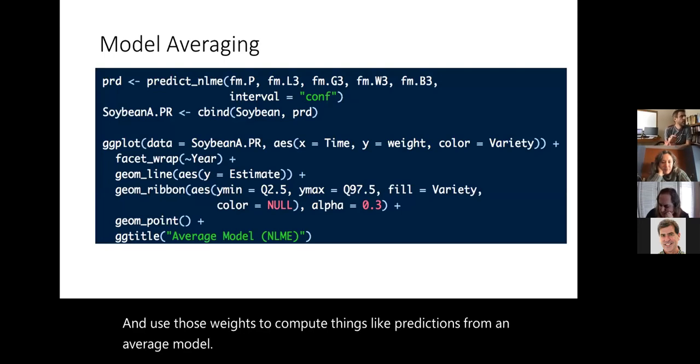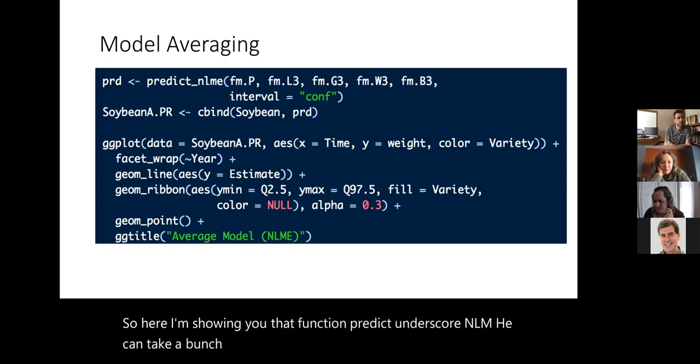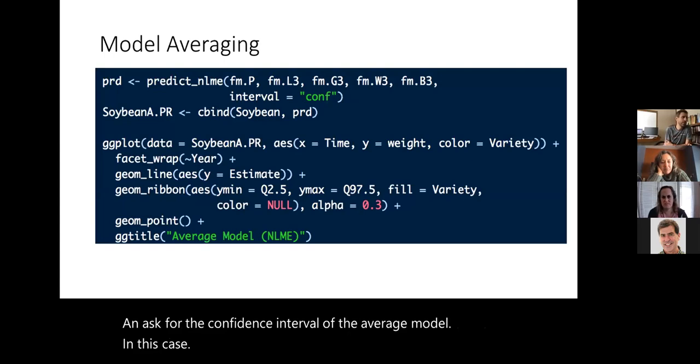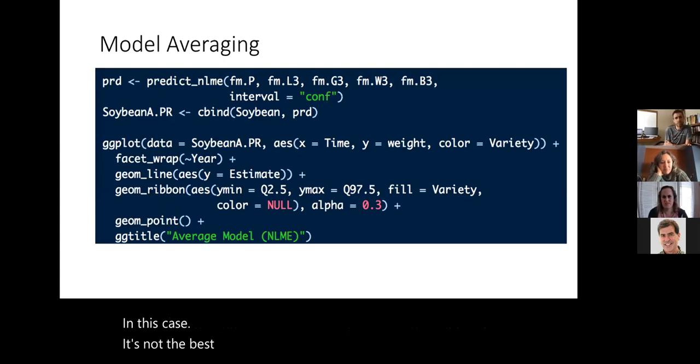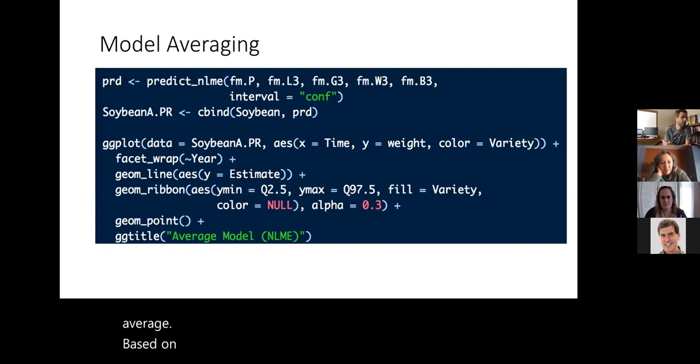Here I'm showing you that the function predict_NLME can take a bunch of models, so you can provide it with a lot of different models and ask for the confidence interval of the average model. In this case, it's not the best example because the beta model is so much better than the rest that picking the beta or doing an average based on weights is the same thing.